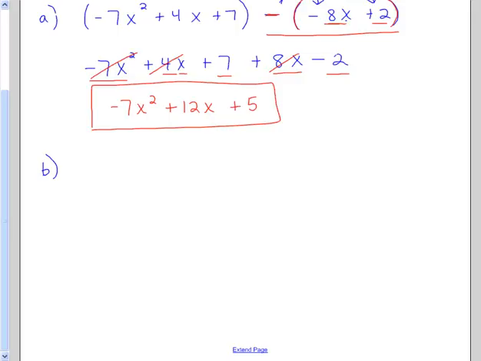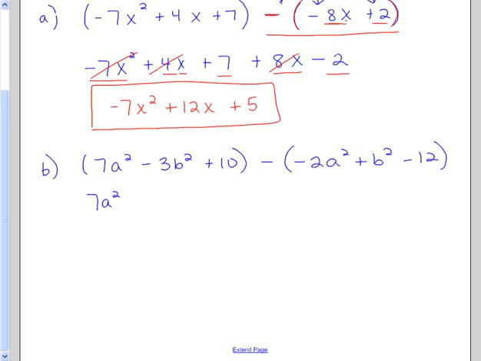Let's look at another example. Say we have 7a squared minus 3b squared plus 10 minus a negative 2a squared plus b squared minus 12. Again, the first polynomial will stay the same, 7a squared minus 3b squared plus 10.